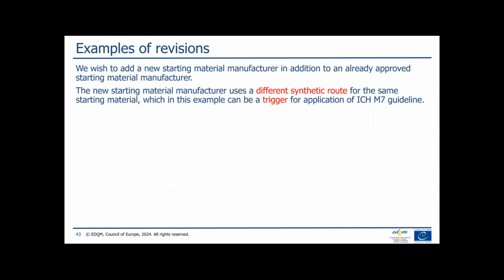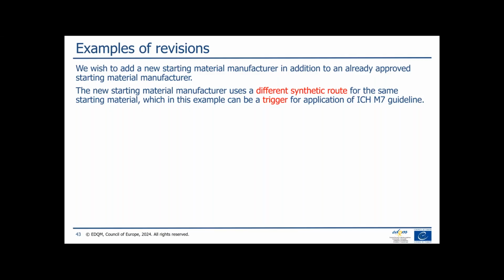I will now move to some examples of revisions, some concrete examples of revisions. For example, we are a company holding a SEP, and we wish to add a new starting material manufacturer in addition to the already approved one.